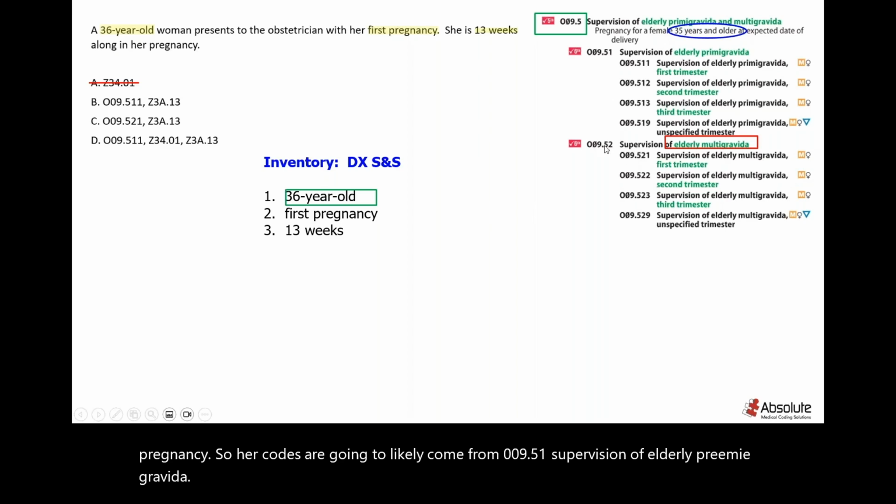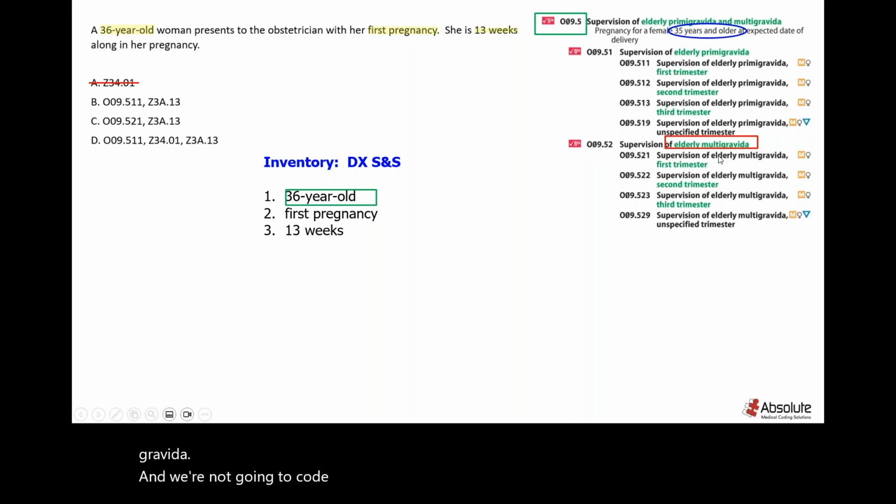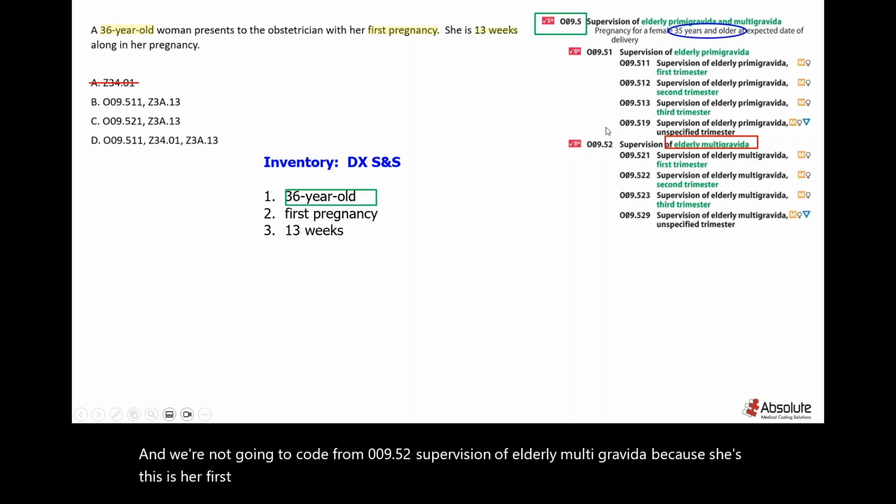And we're not going to code from O09.52, supervision of elderly multigravida, because this is her first pregnancy. So we're going to eliminate the O09.52 category, specifically C, O09.521.